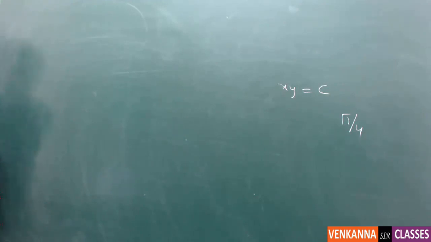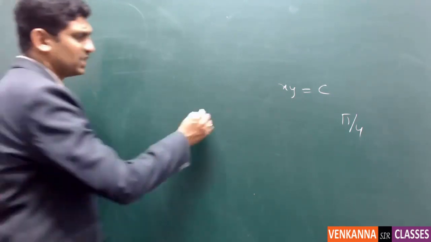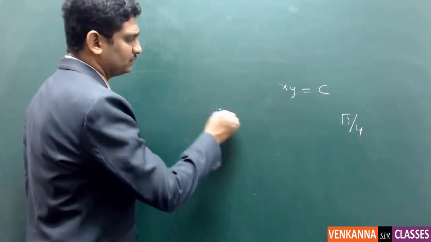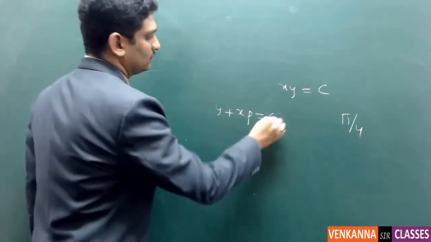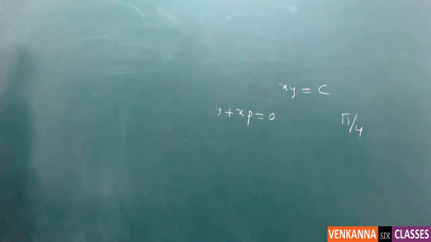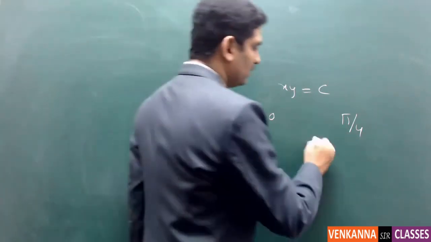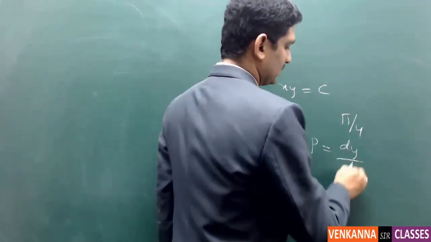Fine. So can you eliminate the parameter c by simply doing the differentiation? So I write the equation straight away that if you differentiate that, you are going to get it as y plus xp equal to 0 is the differential equation for the given family where p is equal to dy by dx.